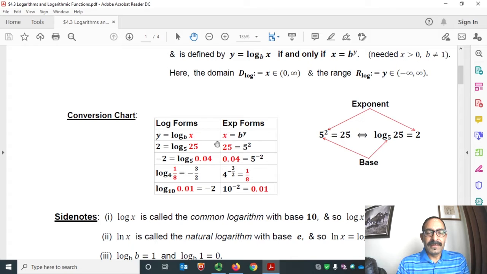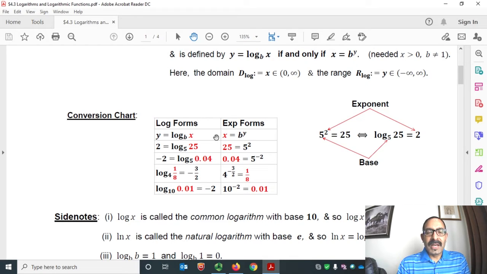Let's focus on the base b. For the log function and the exponential function the base b remains the same, and here this x is the argument of the log function. And this y, we raise b to the power y on the exponential side. Here I use a different color so that you know what's going on.